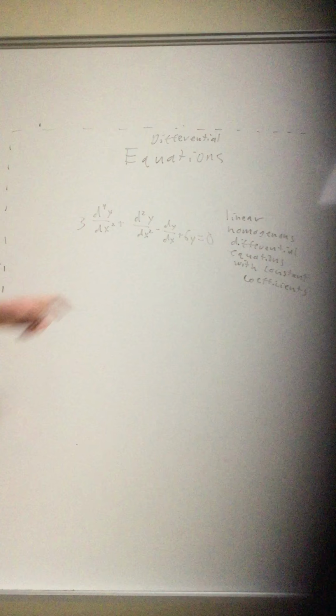Other separable equations, well, sometimes an equation doesn't look separable, but it is. For example, this equation doesn't look separable, but if you just do a little algebra on it, now you can see that we could put all the y's on one side multiplying and all the x's on the other side multiplying.